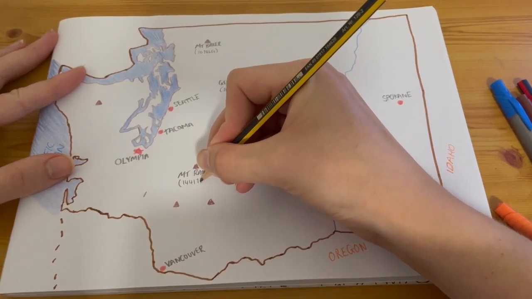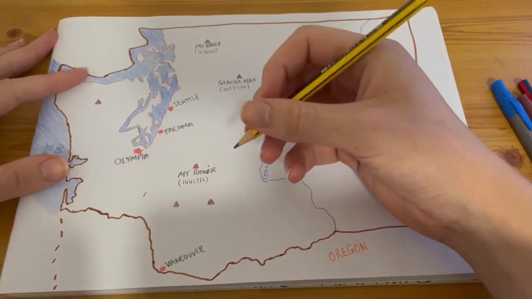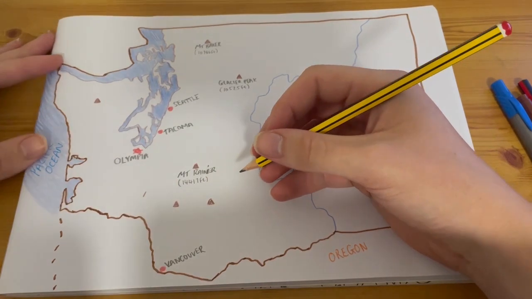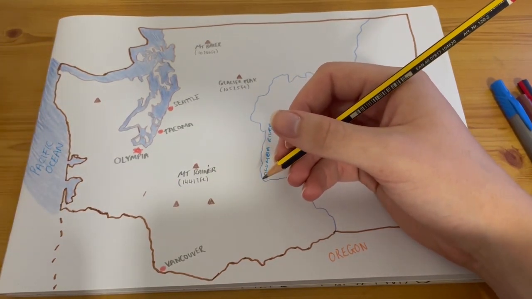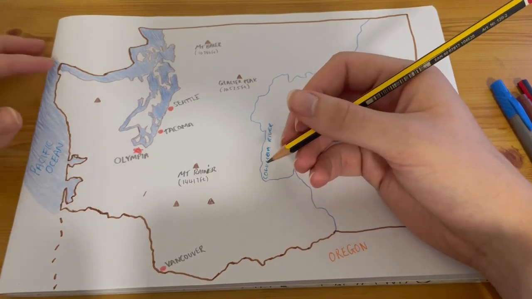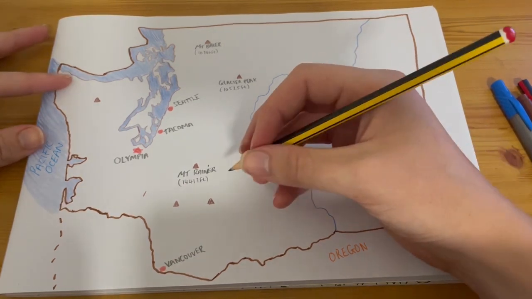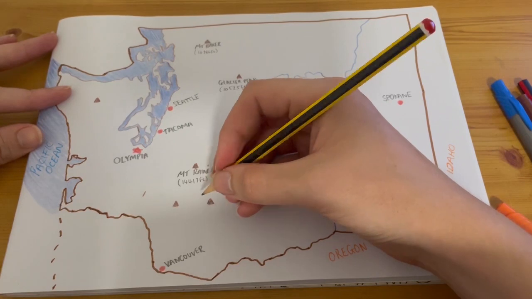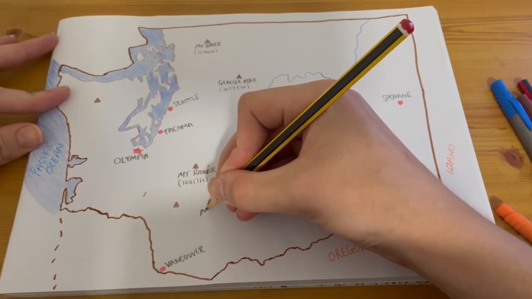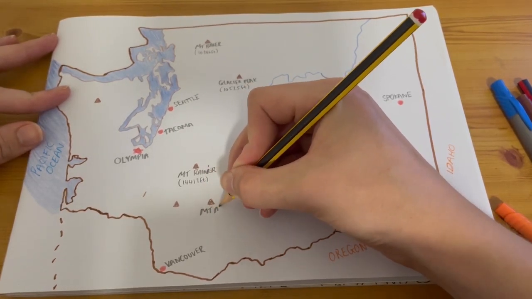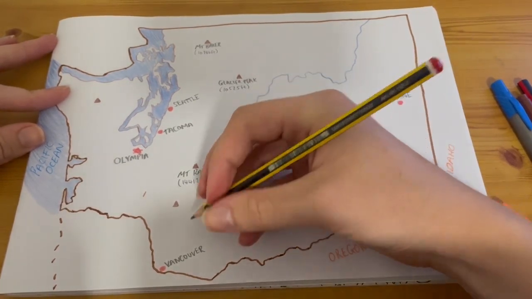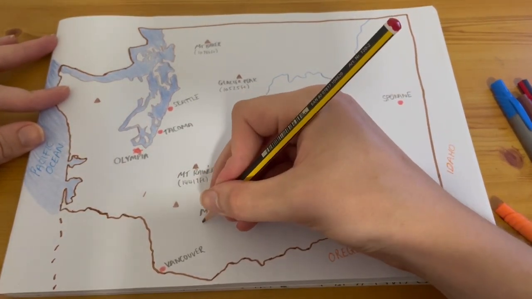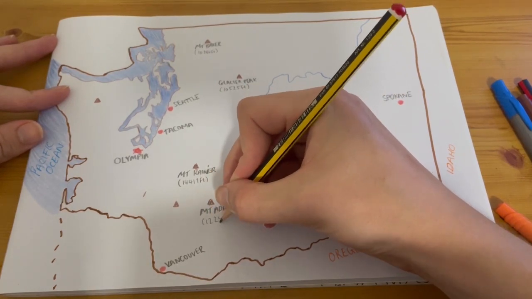That is crazy high. I don't know that it's bigger than the one that we put than Mount McKinley in Alaska, but I'm not sure about that. But I'll have to have a look at that. This is Mount Adams, and we're looking at 12,281 feet.